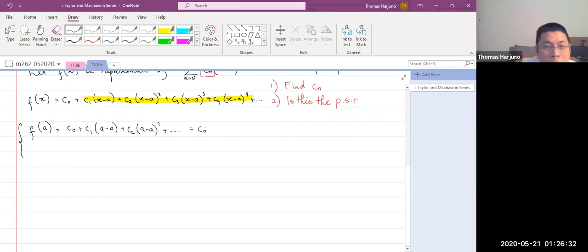That's c0. Now, I will write it backward. Therefore, c0 later on will be replaced by f(a). Agree?